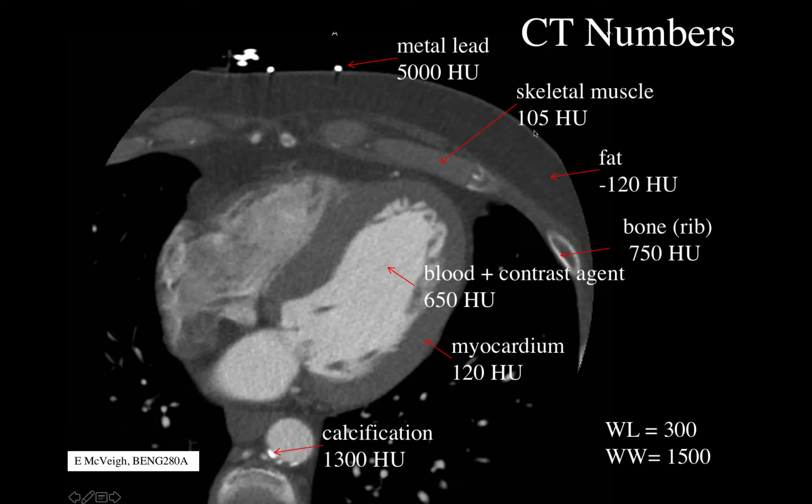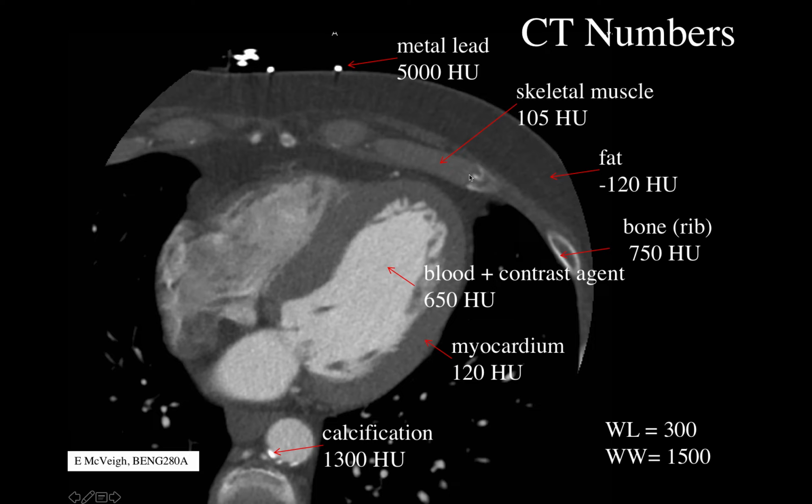Fat is minus 120, bone is 750, blood with contrast agent in it, 650. Myocardium is the same as skeletal muscle, about 120. And remember, water is 0.